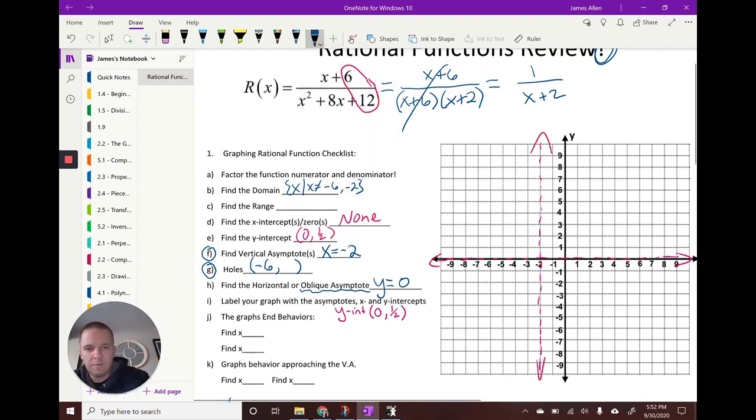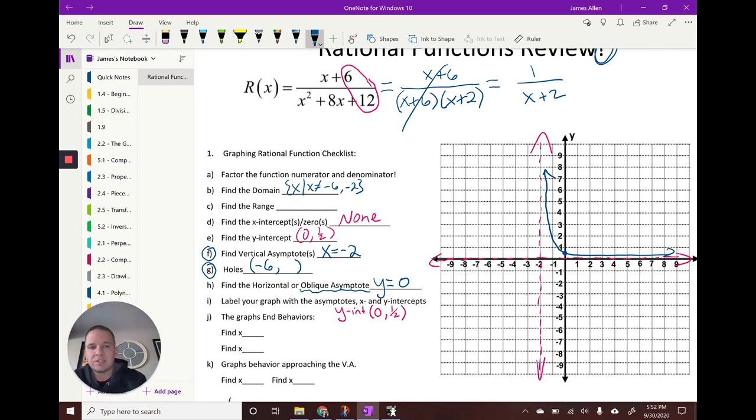And then for my graph, let's see here. I said my y-intercept is 0 comma 1/2, which is right here. So that tells me my graph, wow, I'm going to try that again. It's a little tough to write on this thing. Let's see if coming from this direction helps. There we go. That's a little better. So I know that graph is going to end up over there because of my y-intercept.